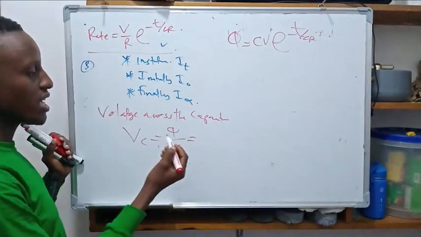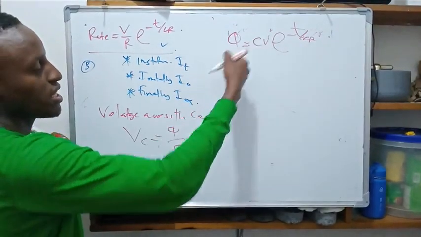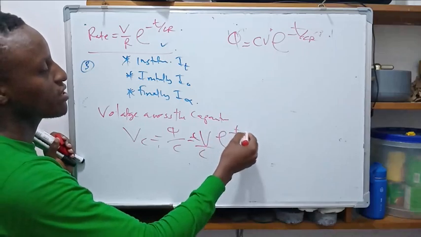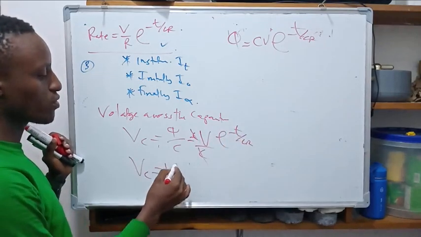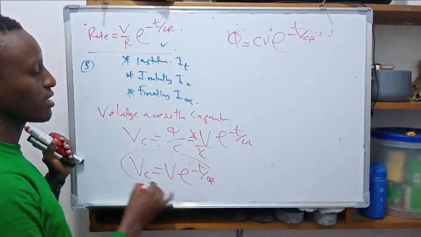The C's cancel, so the voltage across the capacitor is V e to the negative t over CR.